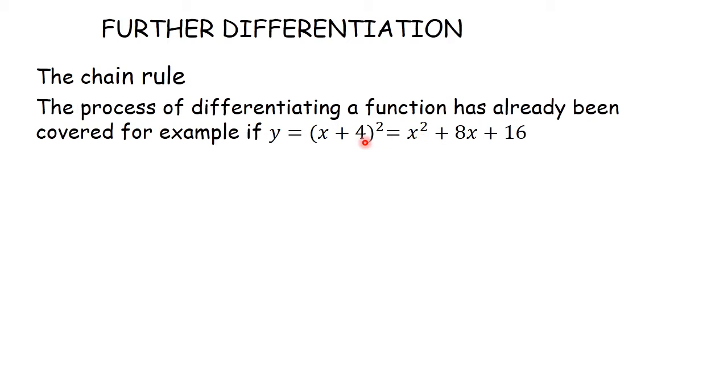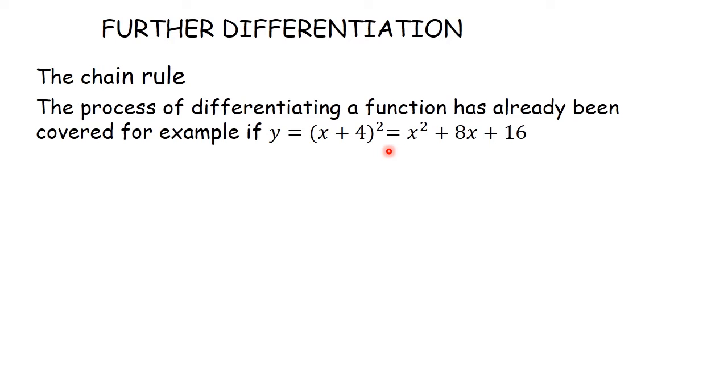So this one we can easily expand. Okay, so the one on the right hand is the expansion of x plus 4 all squared, which gives us x squared plus 8x plus 16.